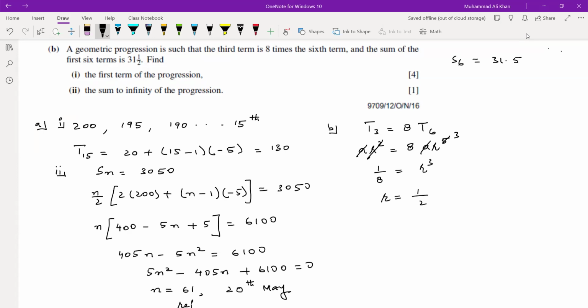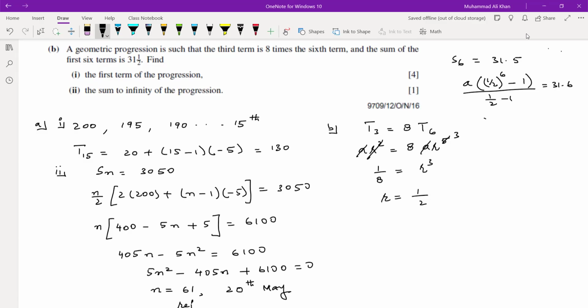We have to calculate the first term of the progression. Sum का formula, sum आपको दिया गया 31.5. What is the formula for sum? A times (R power n minus 1) divided by (R minus 1). R आपके पास मौजूद है, 1/2 power n, n is 6, minus 1, divided by half minus 1, equals 31.5.